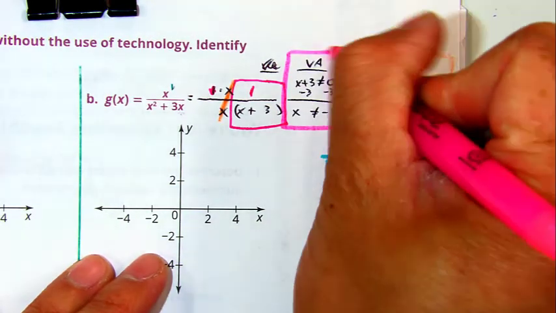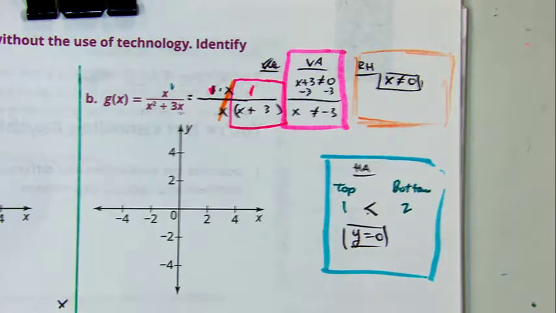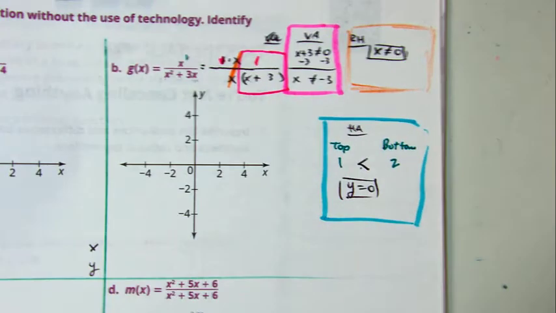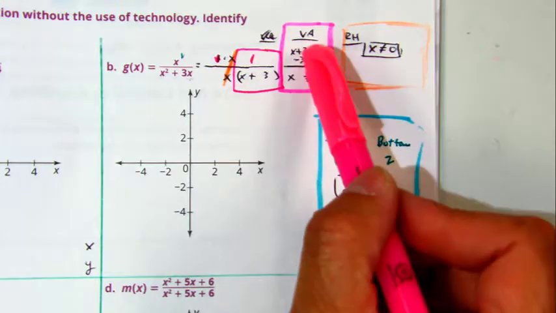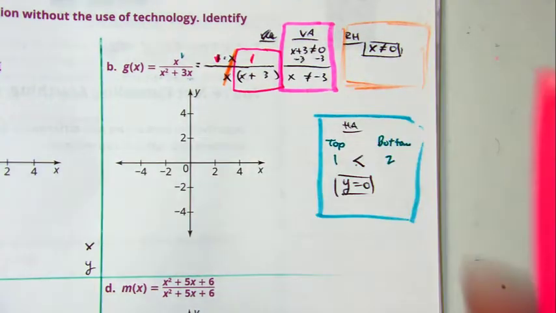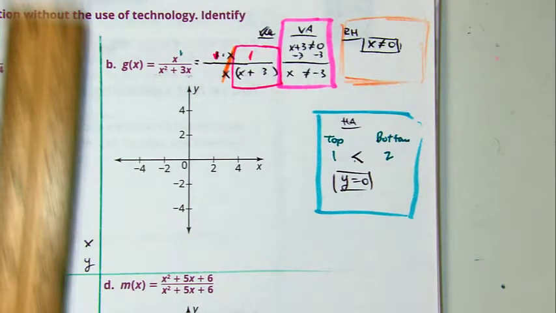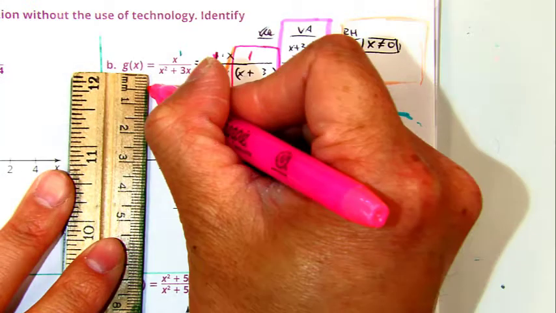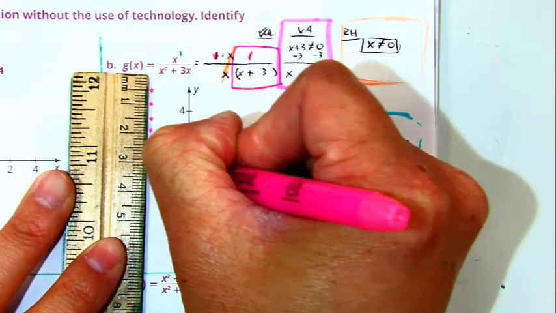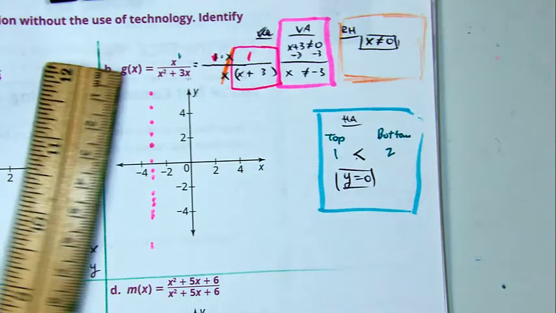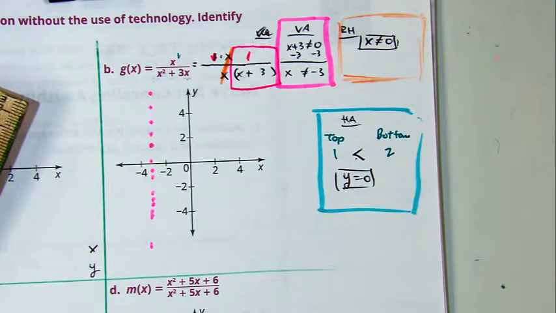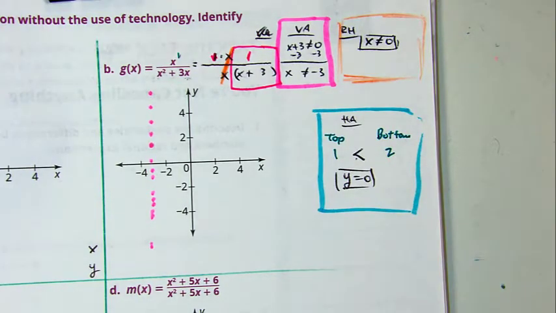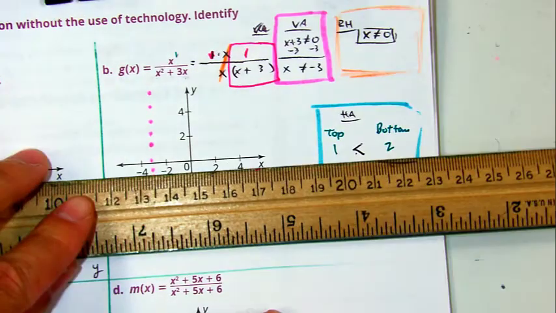Let's make our table of values. I'm going to mark all of these colors first, and that'll help me create a table of values. Now my horizontal asymptote.